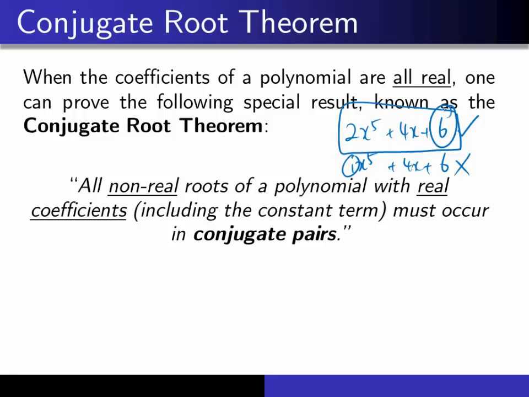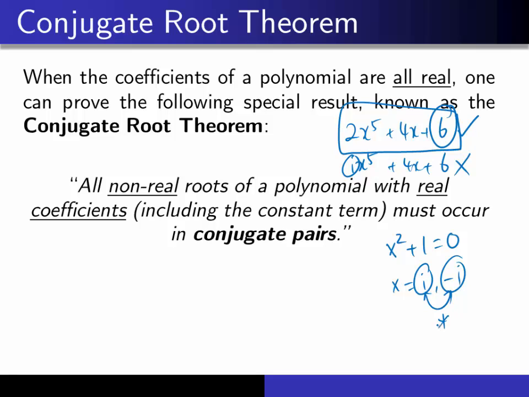if there is a non-real root, so for example, very simple, x squared plus 1 equals 0. The roots are what? i and negative i, right? They are conjugates of each other.